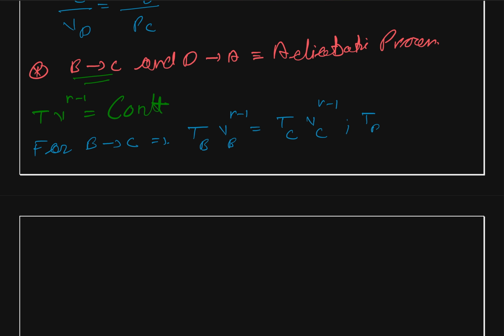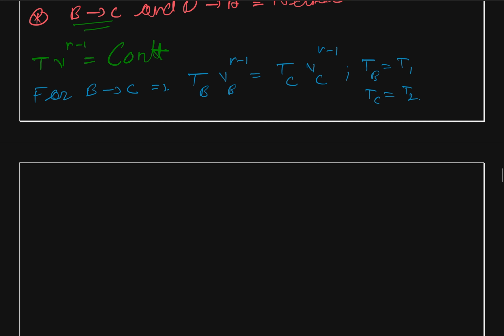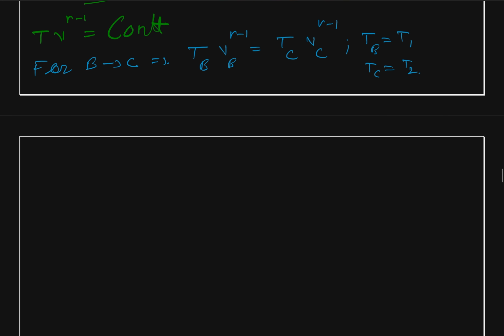Therefore we can write this equation as T1 VB gamma minus 1 is equal to T2 VC gamma minus 1. So the ratio of the volumes VB upon VC gamma minus 1 will be equal to T2 upon T1.